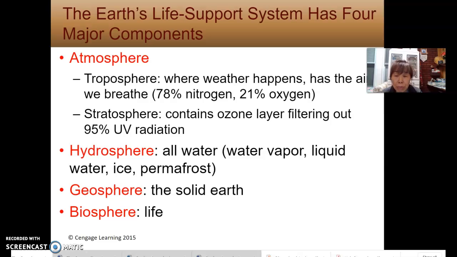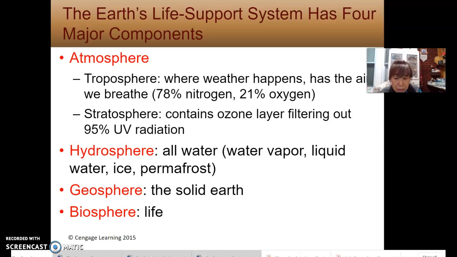After you pass through the troposphere, the next layer is called the stratosphere. The stratosphere contains the ozone layer, filtering about 95% of UV radiation for us. And then the hydrosphere: all water, water vapor, liquid water, ice, and permafrost. The geosphere is the solid earth.